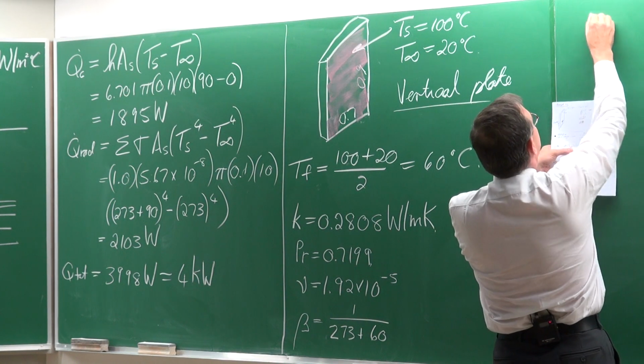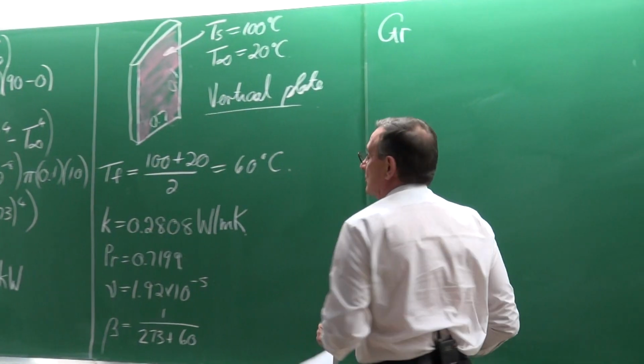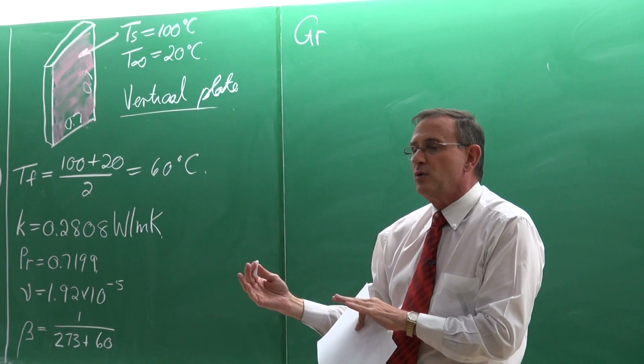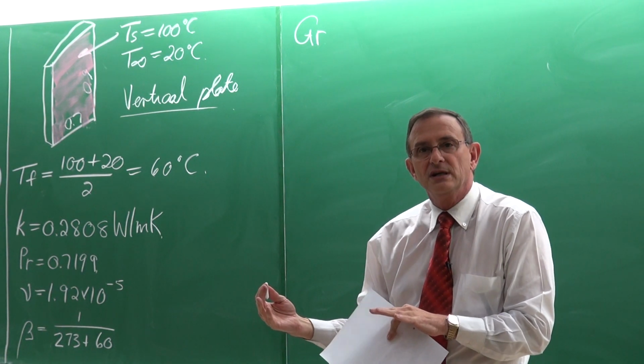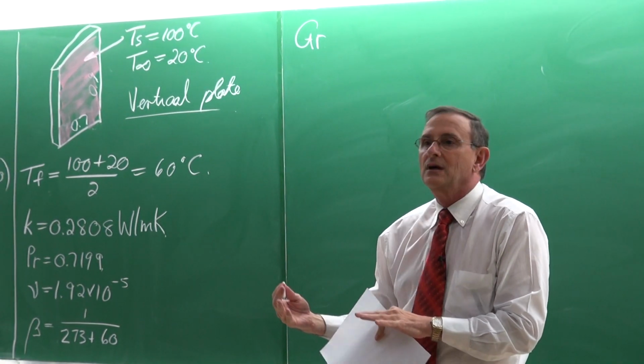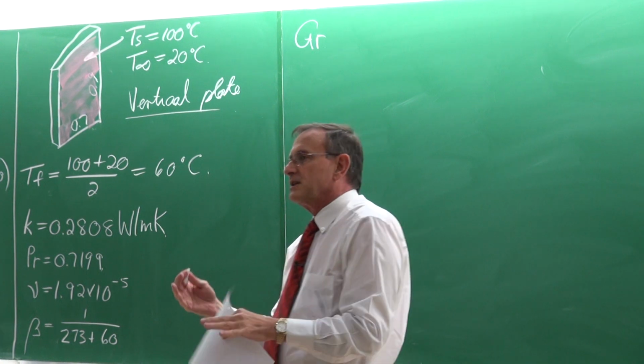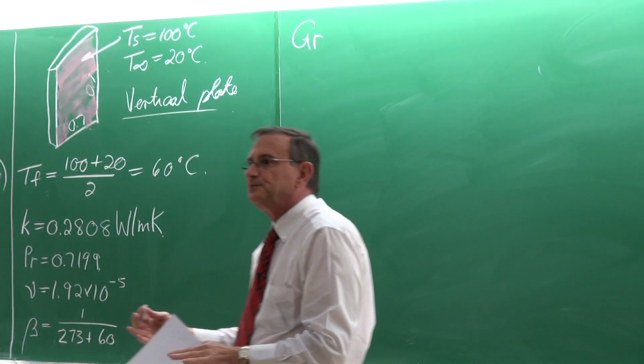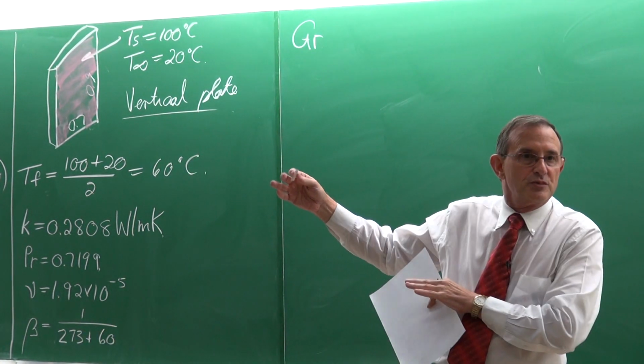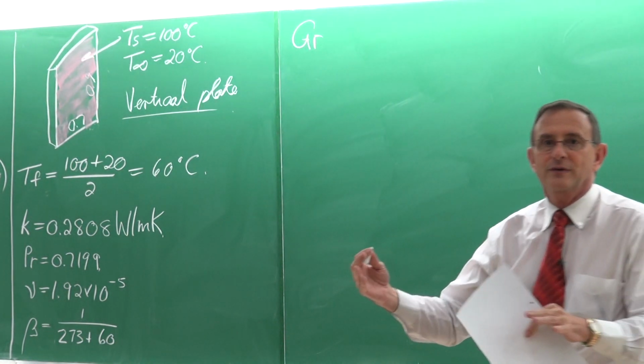The Grashof number. In forced convection problems, the first thing we almost always did was getting the Reynolds number, because the Reynolds number told us if the flow is laminar or turbulent. In natural convection problems, we always need to get the Grashof number.